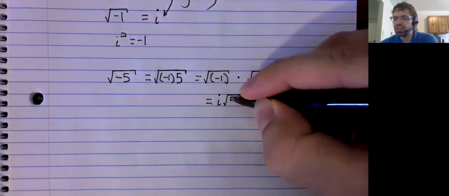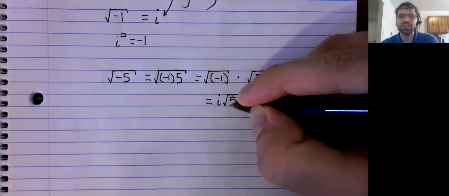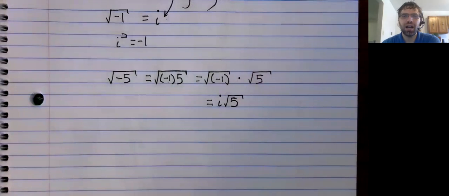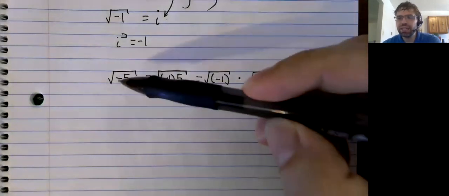So this is the imaginary unit i times the square root of 5.